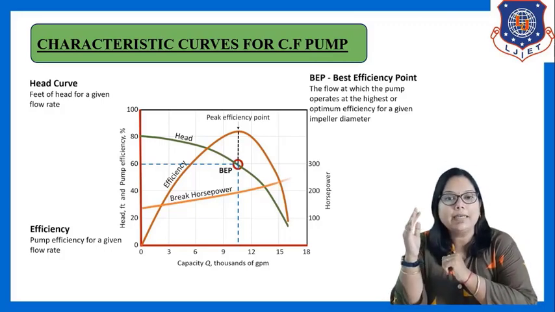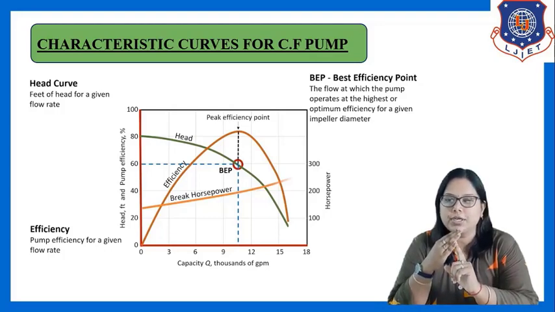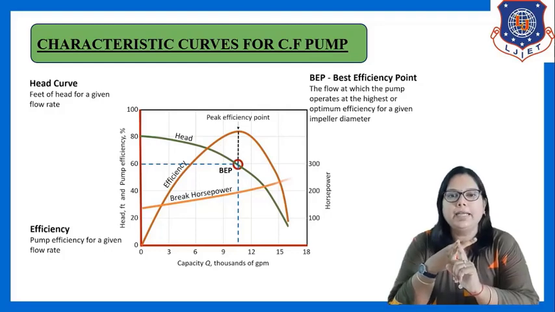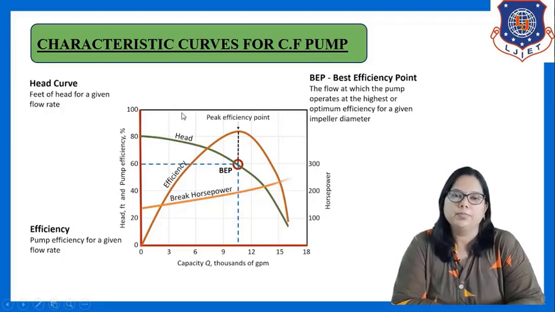We have started with construction and working of centrifugal pump. Then we have seen what is air binding and priming in centrifugal pump. Then we have seen cavitation and net positive suction head of the centrifugal pump, and these are the characteristic curves of centrifugal pump.